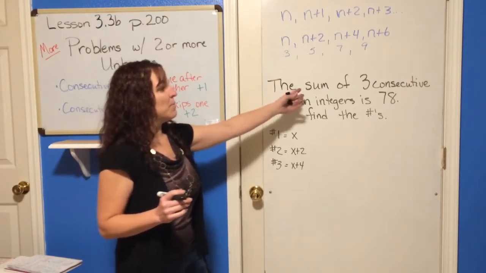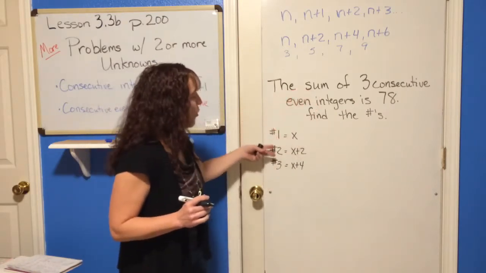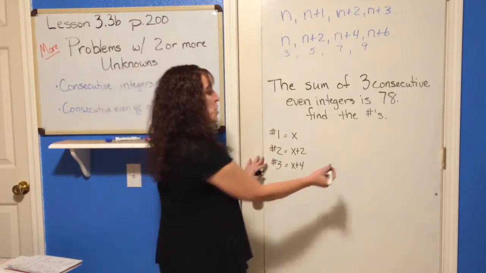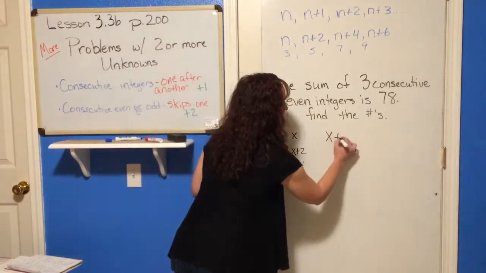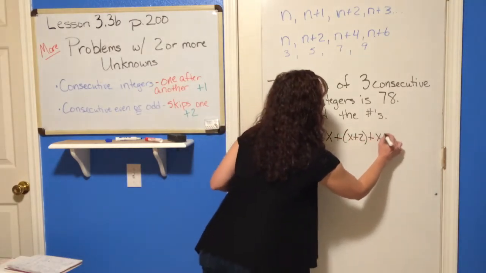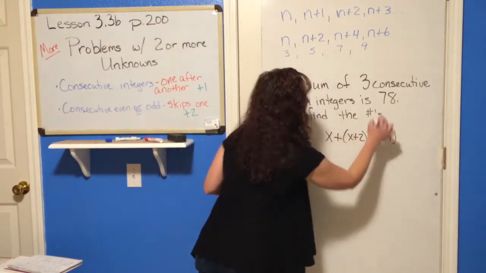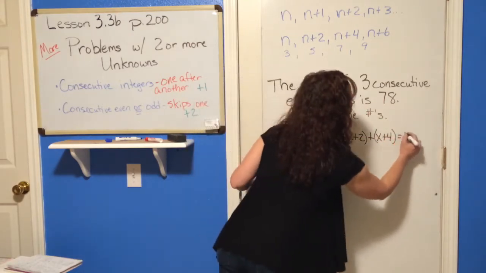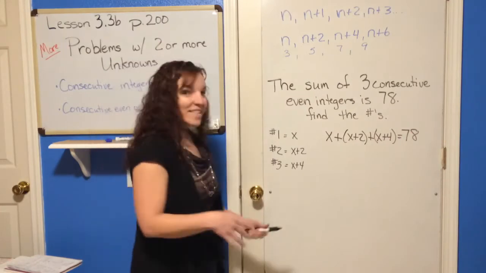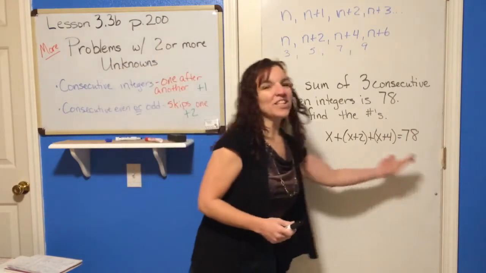The sum means we're going to add all 3 of these numbers. So when we add those 3 numbers, we say x plus x plus 2 plus x plus 4, and the sum is 78.